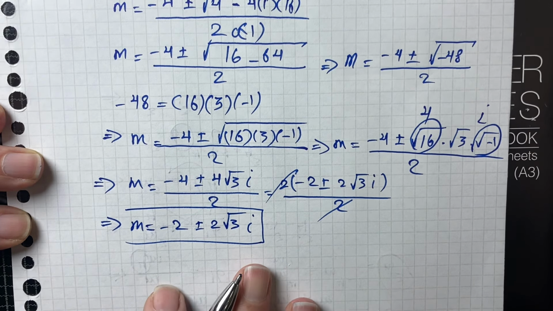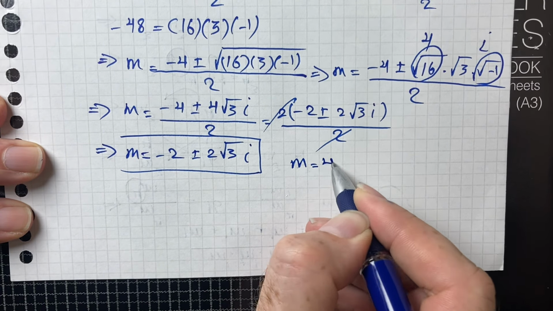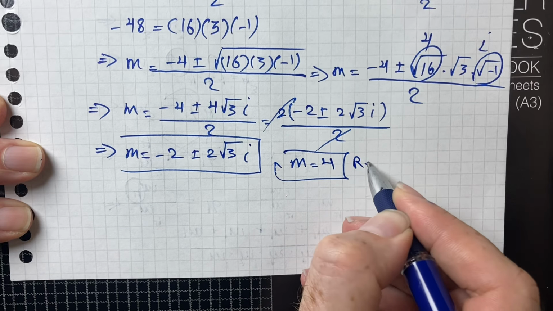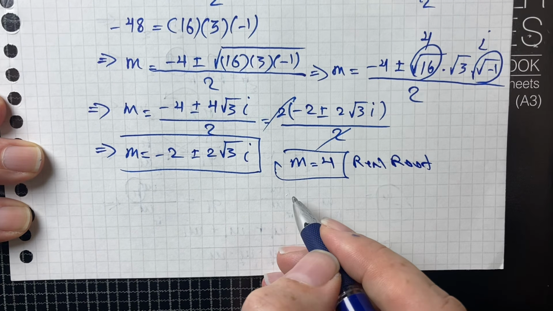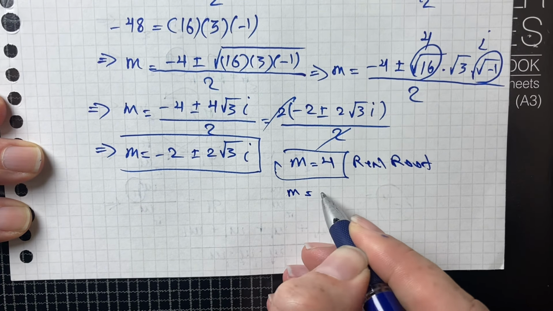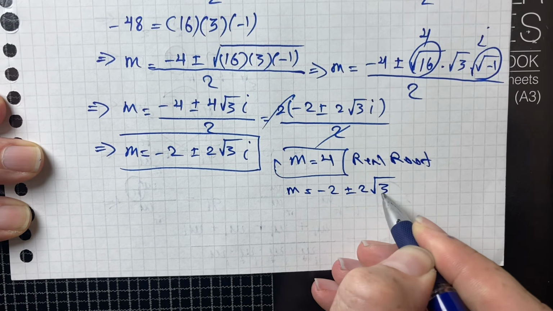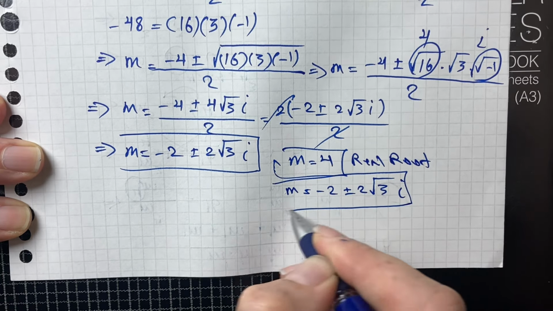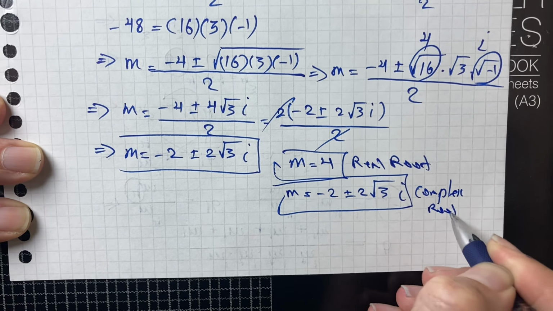So we have three answers. m equals 4 is our real root, and we have two complex roots that are m equals negative 2 positive negative 2 square root of 3 i. These are our complex roots.